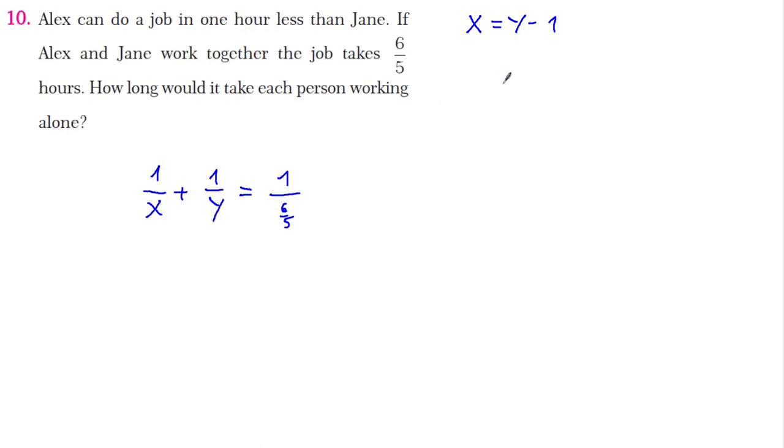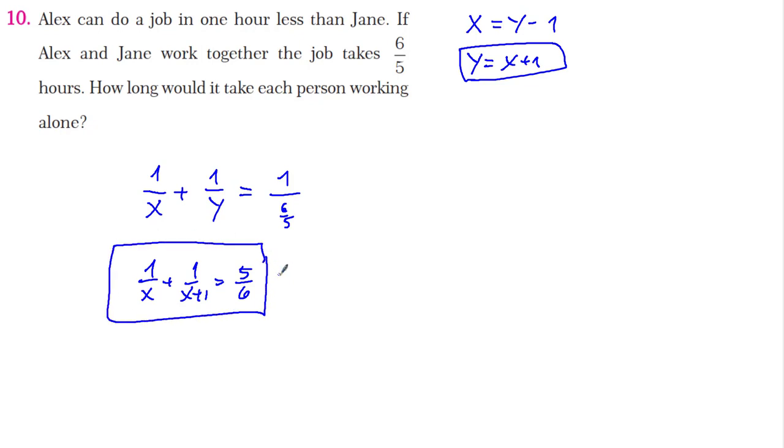Well, here again, if you want to work with x instead of y, you just write y is x plus 1, and you get 1 over x plus 1 over x plus 1 is 5 over 6. This is just like the previous exercise. You can continue it. It's a quadratic equation. Again, negative numbers are not allowed.